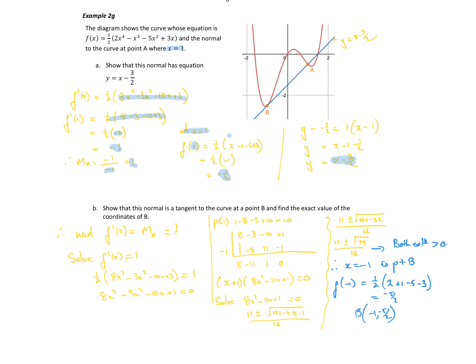Okay, now show that this normal is a tangent to the curve at a point B and find the exact value of the coordinates of B. So this line of y equals x minus 3 on 2 now has to be a tangent line to the curve, which means the gradient of that line is 1.